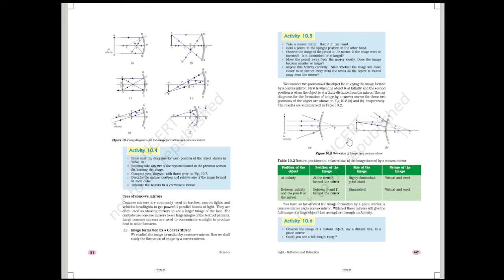Now this line is just reflecting back from C and it makes an image that is diminished, virtual and erect, A dash B dash.